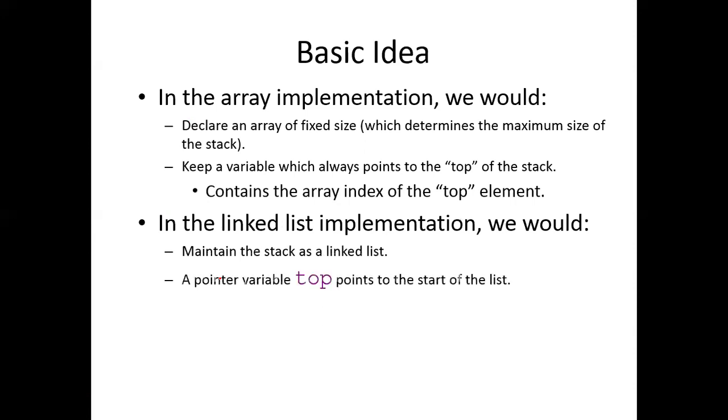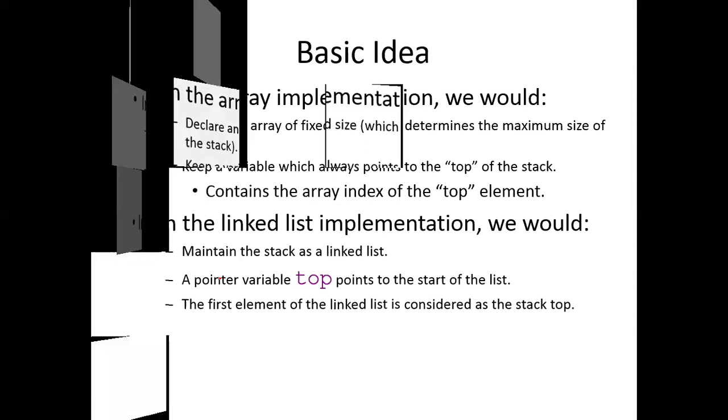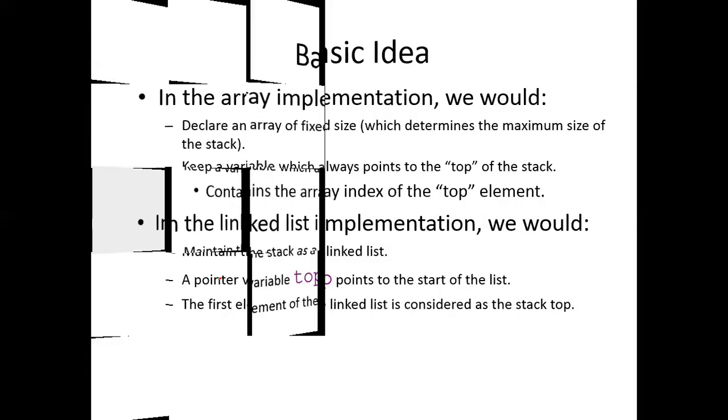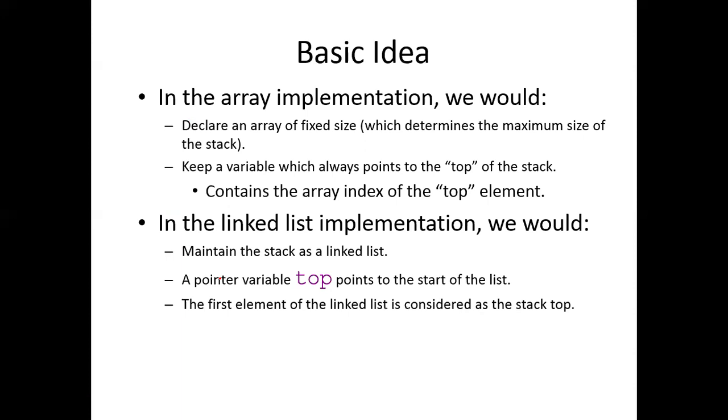If you implement using a linked list, then your stack will be maintained as a linked list. You will have a top variable that points to the start element in the list, and the next element will be added like a linked list, using a next pointer to connect the next nodes in the list.